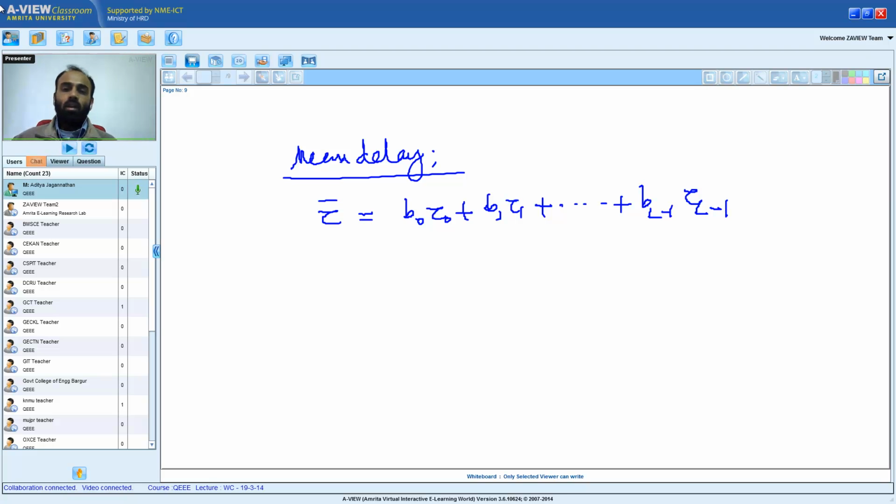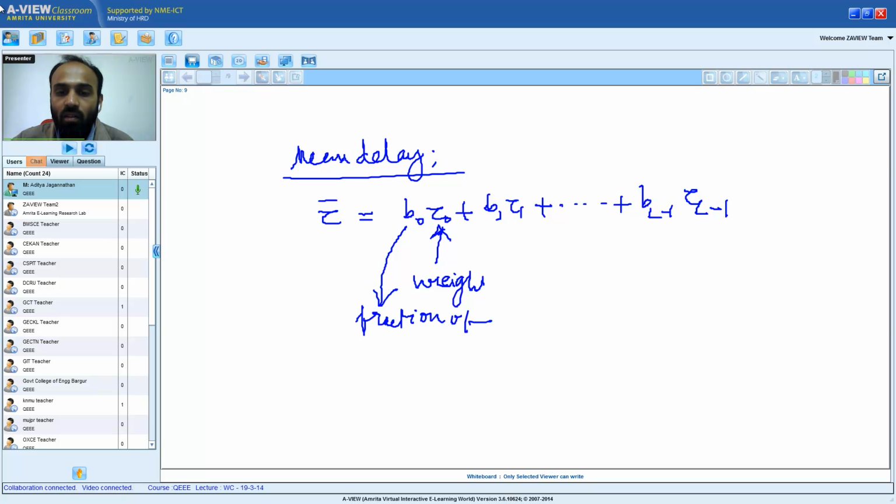Unlike what I did previously, I am now weighing each delay by the fraction of power. So I am not simply considering tau 0, tau 1, up to tau L minus 1, but weighing each delay; each delay tau 0 I am weighing by the fraction B0.